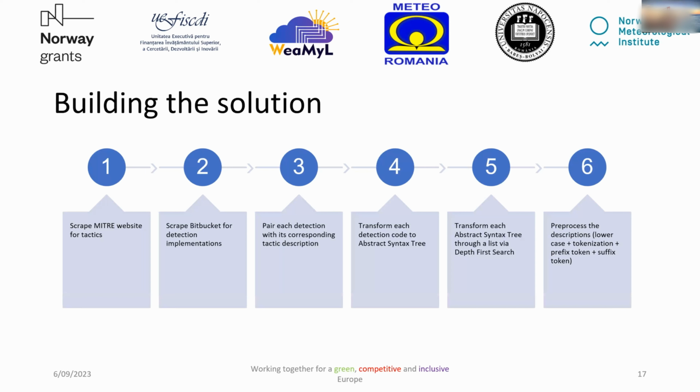As for the steps taken to create this model, we have to collect all the necessary data for it, and thus we scrape the MITRE website and Bitbucket to get the tactics and their implementation respectively. After we pair them, we have to preprocess our dataset.